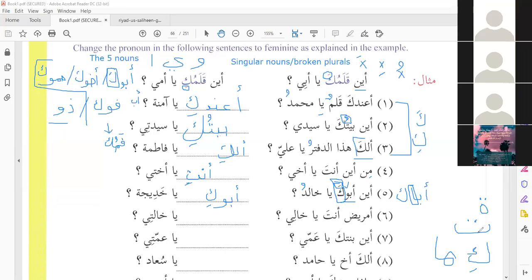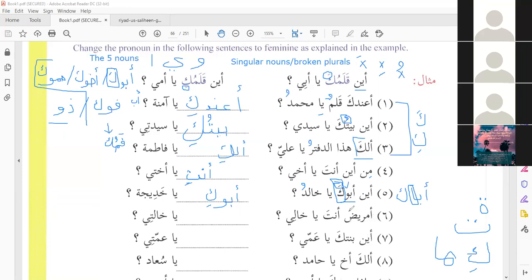Okay, let's roll down to Sister Musarrat for number 6. This is a nice little different one. My book's a little different, but I'll go by this. أمريضة أنت يا خالتي. So you cut right to the answer, very good.